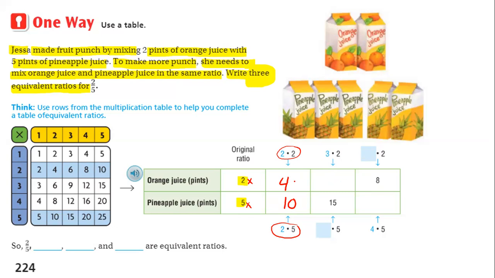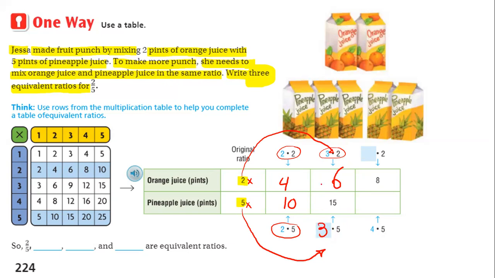Here, I need another equivalent ratio. 2 multiplied by 3 equals 6, and 5 multiplied by 3 also.